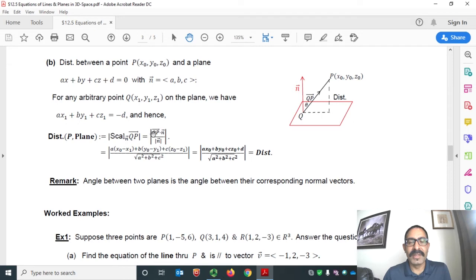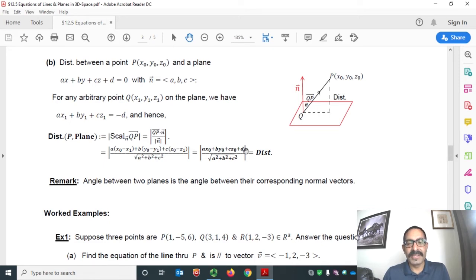This is simply the dot product QP dot n over the magnitude of n. Then after simplifying, this gives us this form here. So the distance equals the magnitude of a x0 plus b y0 plus c z0 plus d, over the square root of a squared plus b squared plus c squared.